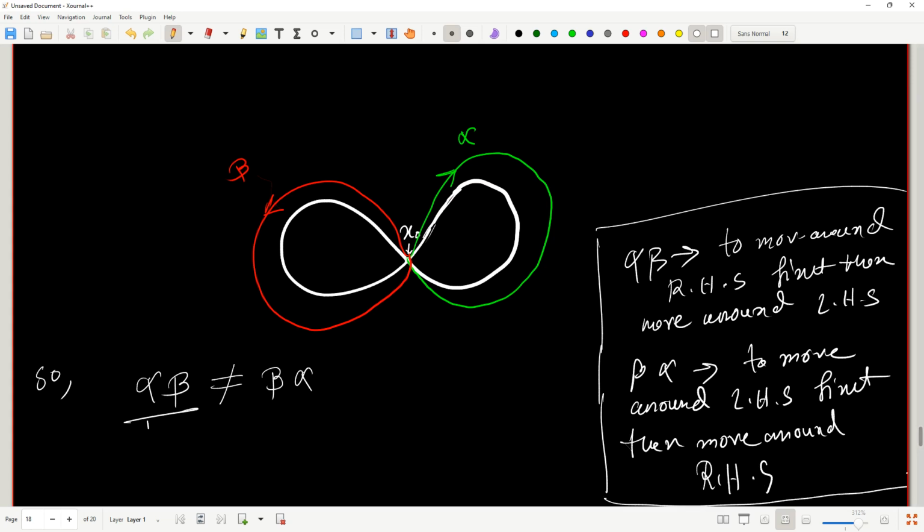And this is easily visualized by a sock, imagining that you are trying to put on a sock and then a shoe. So if alpha beta represents that first you wear a sock and then you wear a shoe, then the beta alpha thing is the complete opposite of it.